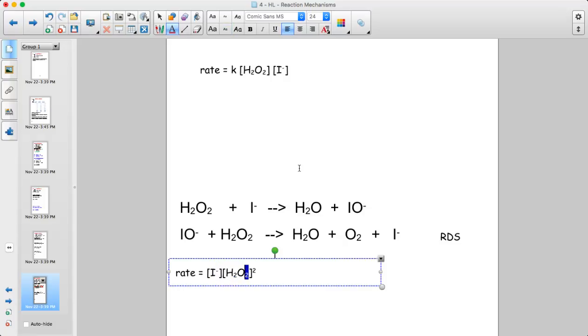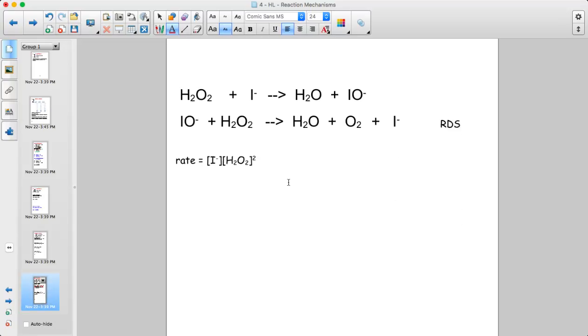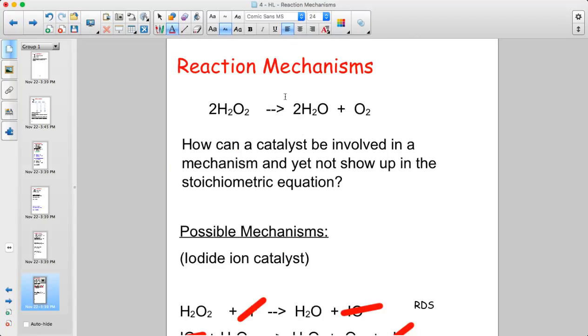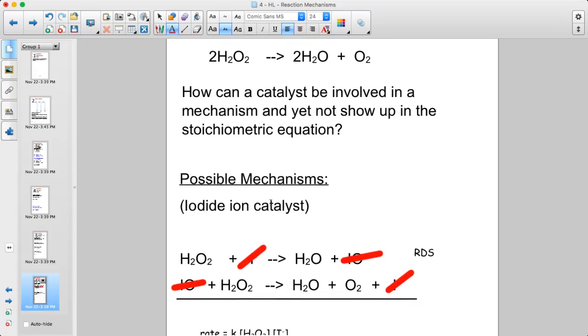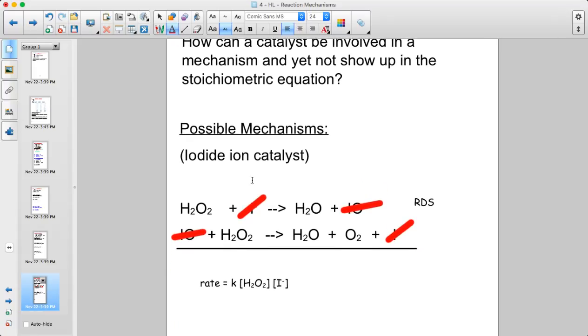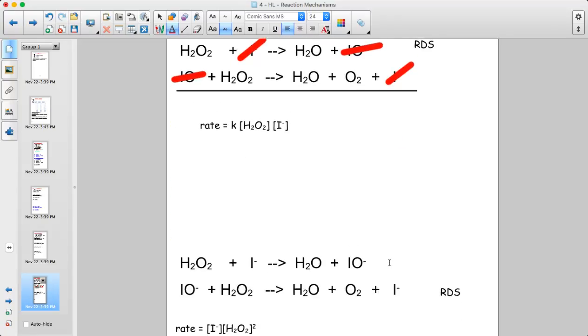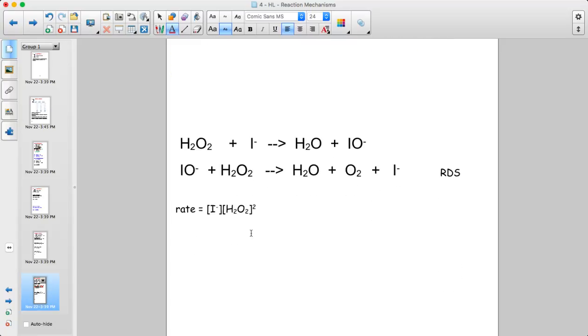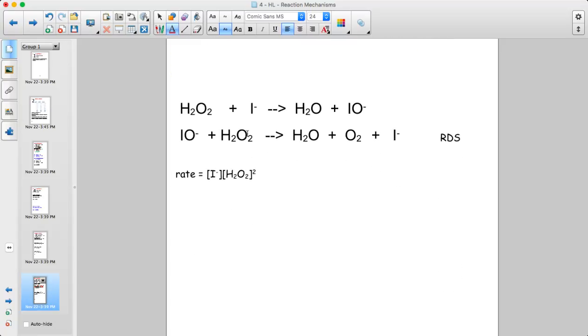And so I didn't give a rate equation to match here on this page. It was more just thinking about how you could see something in a mechanism that's not actually in the equation. It's because it can be used up and reacted and also reproduced, and that cancels it out of the overall equation. Yet it can be in the rate equation because it has an influence on the rate. Okay?